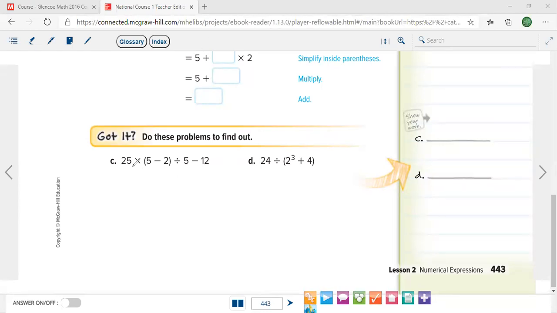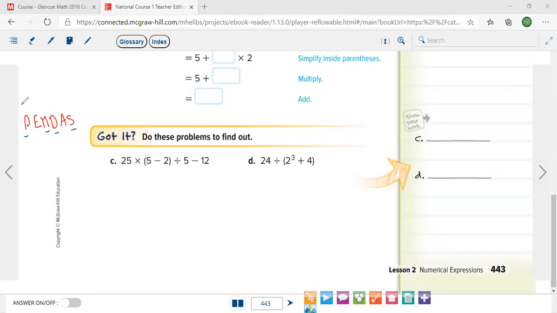For this problem, 25 times 5 minus 2 divided by 5 minus 12. So let's write PEMDAS rule. And what do we have? We have here multiplication, we have parentheses, we have subtraction, we have division. See?